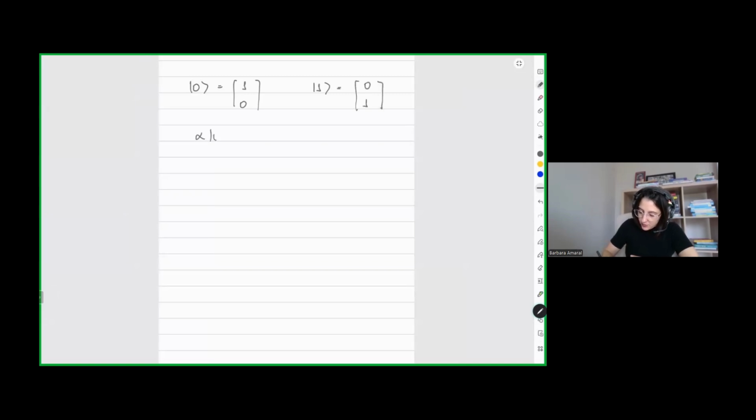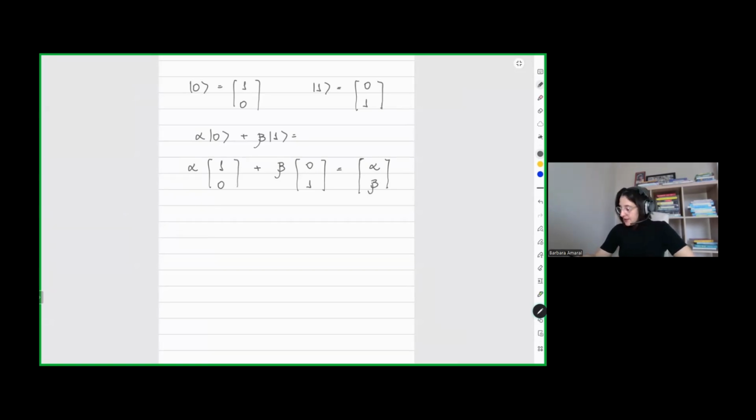So when you make this combination, because these form the standard basis, this will be this and this, which will give you just alpha and beta.